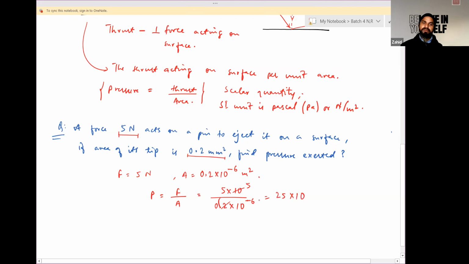This minus 6 on moving to numerator, it will become plus 6. And if you write it in decimal, which means you are moving decimal from this point to this point. So on moving decimal from right to left, exponential will become plus or increase by plus 1. So it will be 2.5 into 10 to the power plus 7 Pascal.